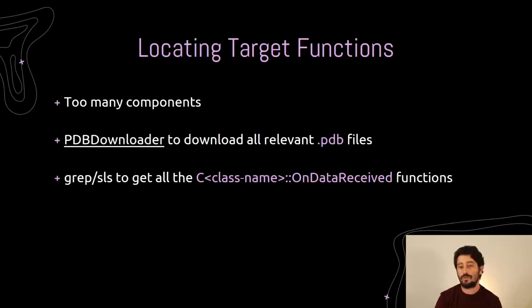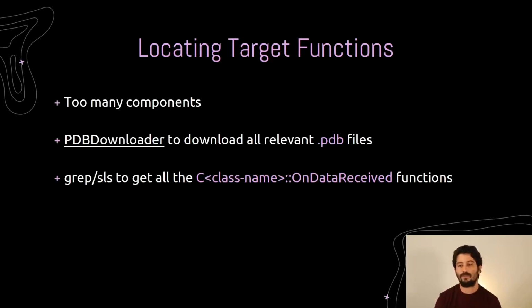So to do this, what we did is we downloaded every PDB that was relevant to RDP, and from it we extracted all the function names, and we inserted these names into a small database that links a function name to the binary it runs in.